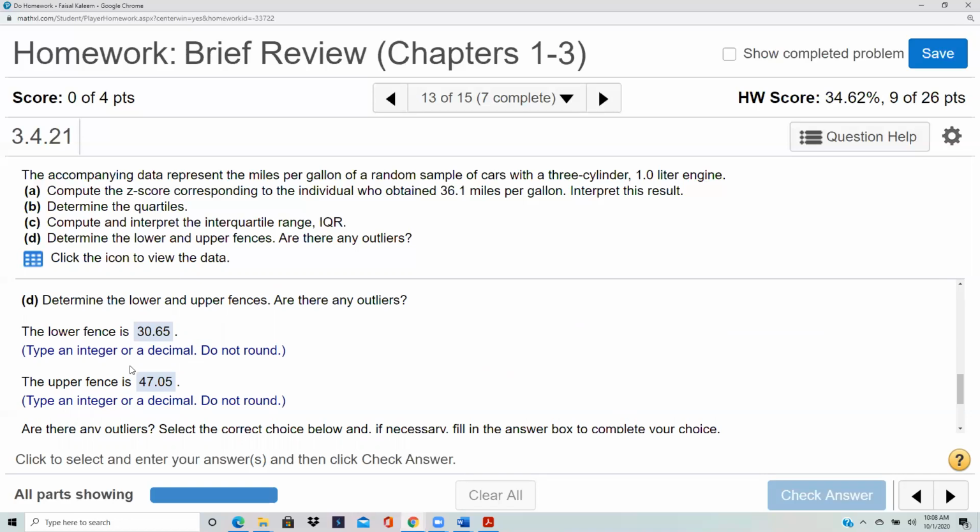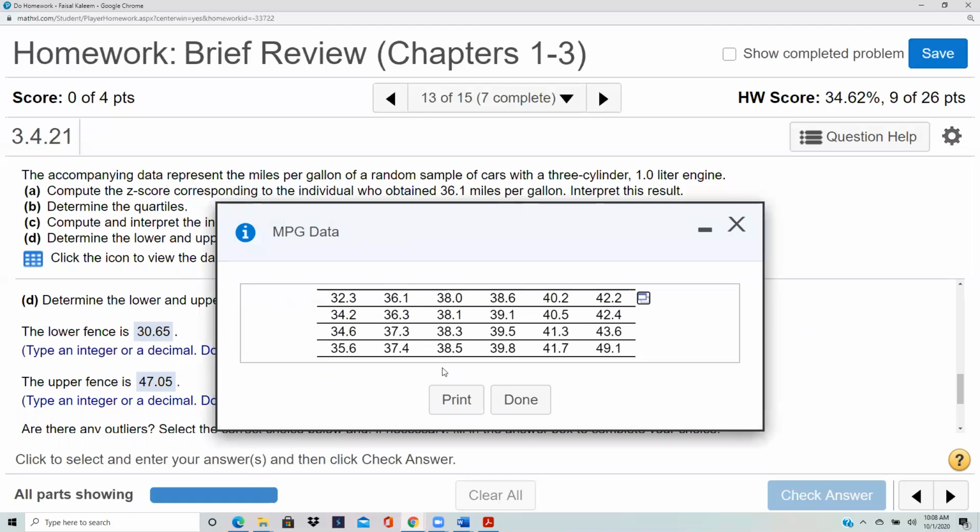So you would have to go back to the data and look. See what's outside of this interval. The 49.1. Right. Mm-hmm.